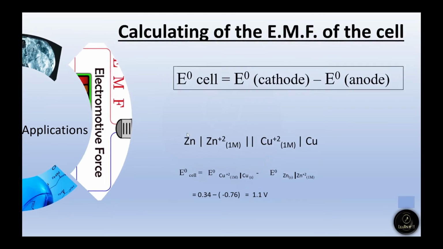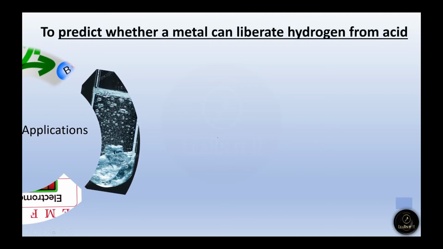Next application of electrochemical series is to predict whether a metal can liberate hydrogen from acid or not. So consider a vessel in which acid is present, which should convert into hydrogen from a certain metal. So this H+ will convert into H2 by using this metal.